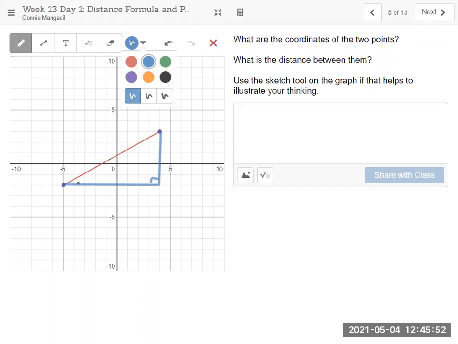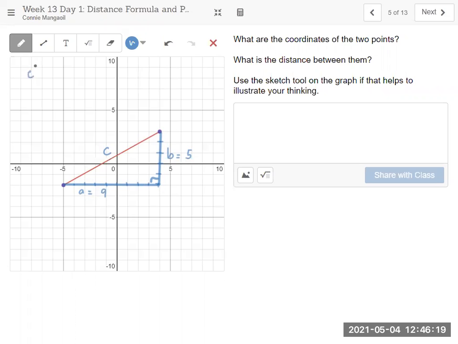So this would be 1, 2, 3, 4, 5, 6, 7, 8, 9. So that's 9 units. Let that be our A. And then this is 1, 2, 3, 4, 5. That is our B. It's 5 units. So we're solving for C, C being the hypotenuse.